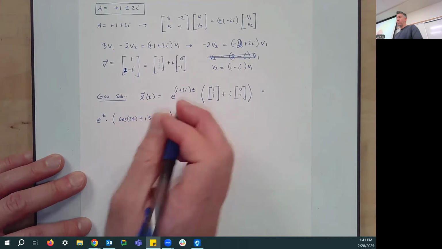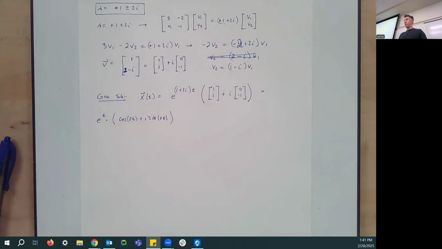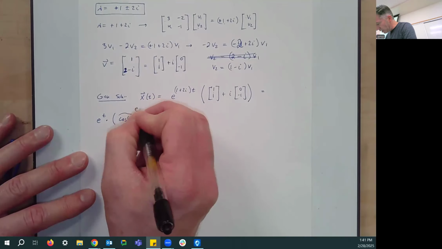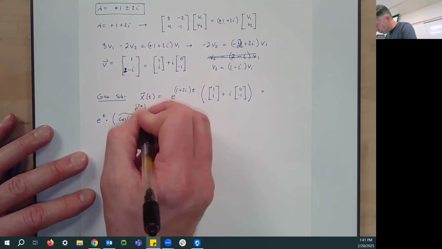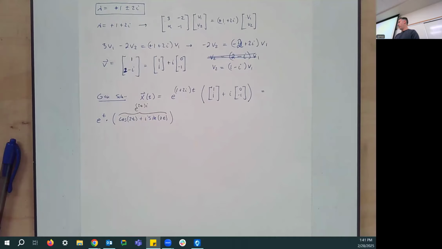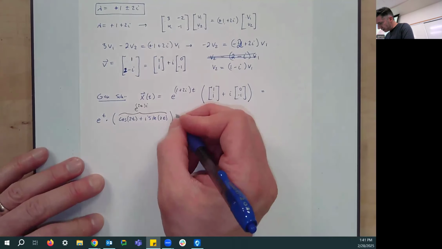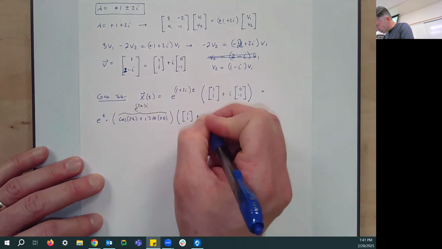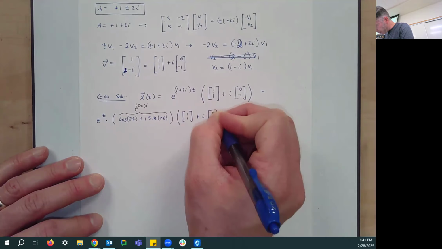If I was worried someone grading it didn't know that I knew what I was doing, I might write above this, oh yeah, that's my e to the 2t times i, so that they know that I know what I'm doing. And then still times your real part plus i times 0, -1.